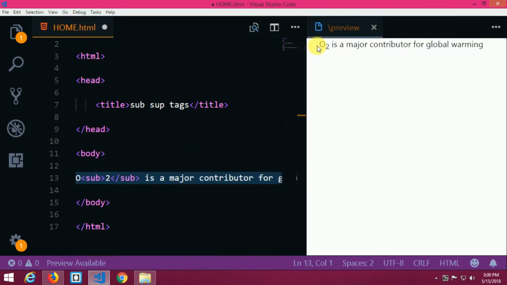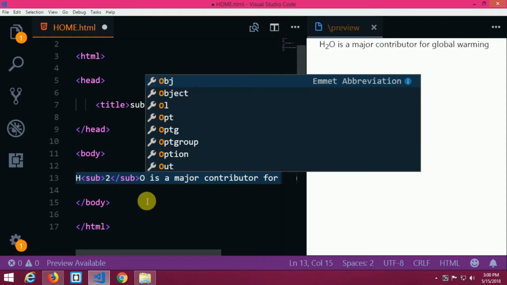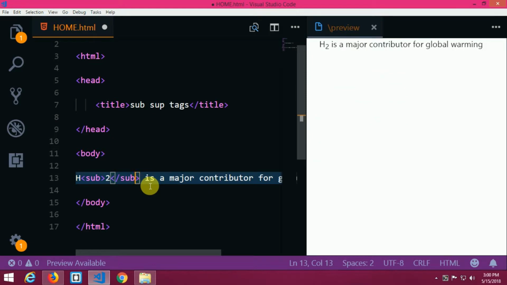Or if you are writing H2O, you can write H2 and O here. So this is H2O. This is useful when we are writing equations related to chemistry, where we need the valence number to be written below the chemical symbol.